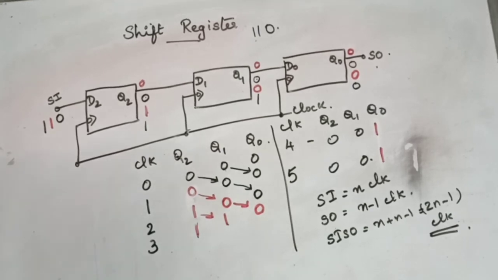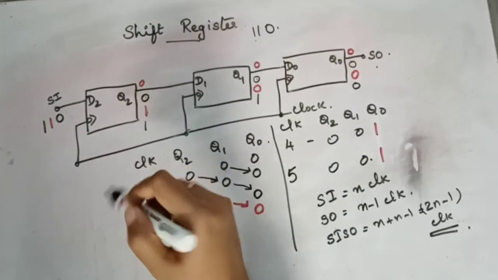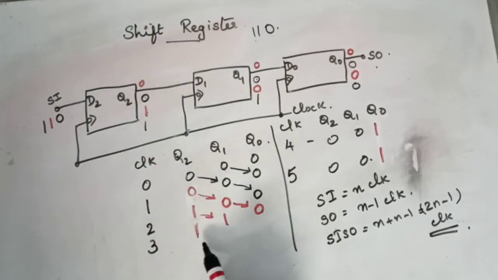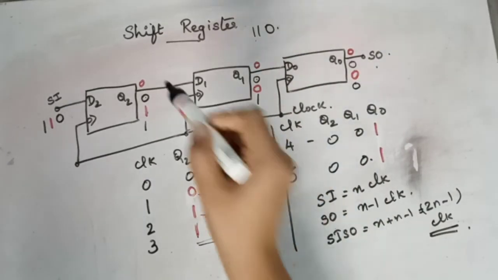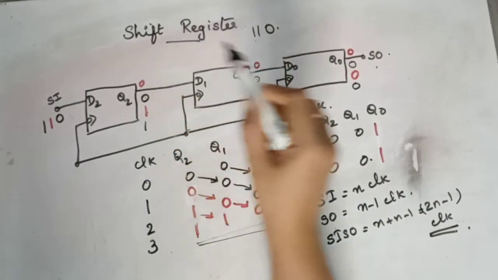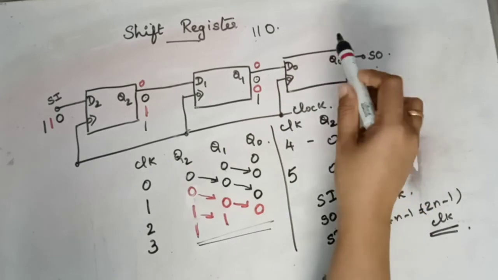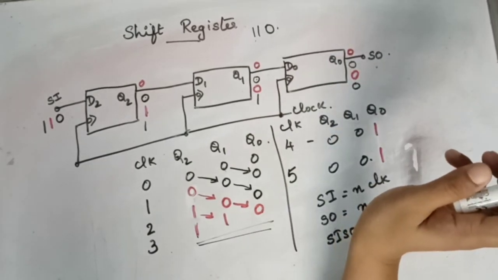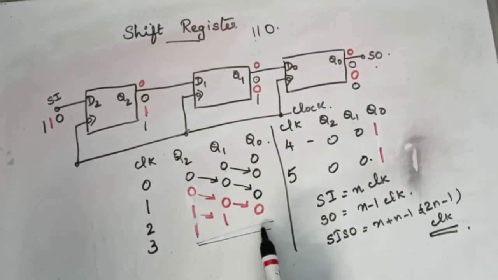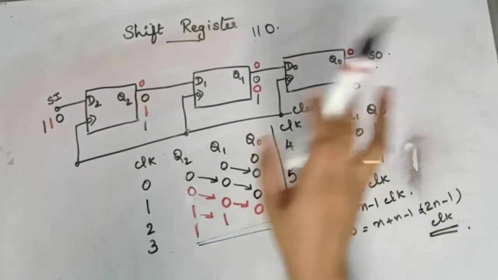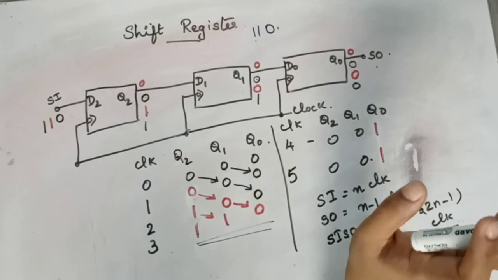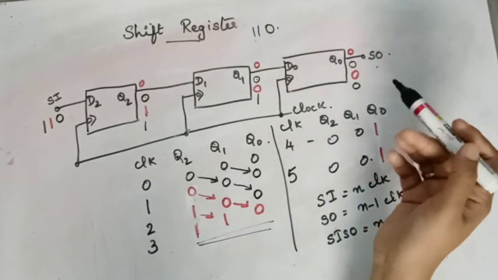Okay. So suppose I am considering serial in, parallel out. So at this particular point, after 3 clock pulses, I have serially input the data. Now suppose I am connecting Q2 to an LED, Q1 to an LED and Q0 to an LED. So at the end of the 3 clock pulses, I get the data in the 3 LEDs. That is parallel out.